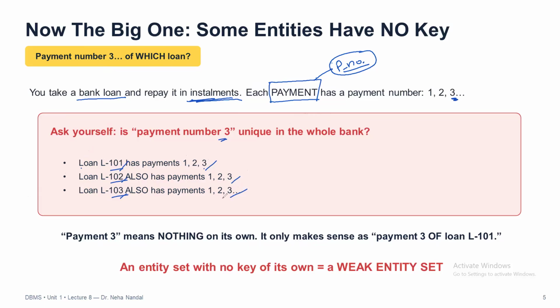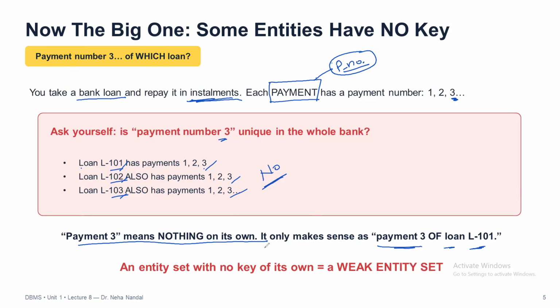So is it unique for the whole bank? No, it is not unique. There are lakhs of payment number 3 in that bank. If I walk in and say, show me payment 3, the clerk will ask, which loan? Payment 3 of which loan? So payment 3 means nothing on its own. It only makes sense as payment 3 of which loan number.